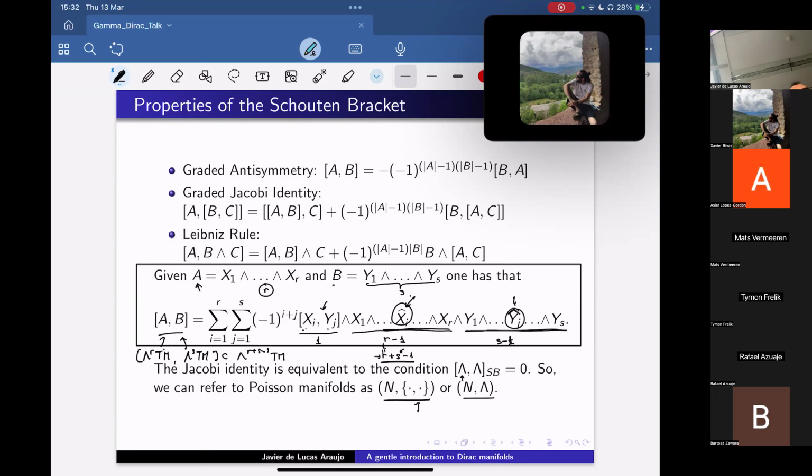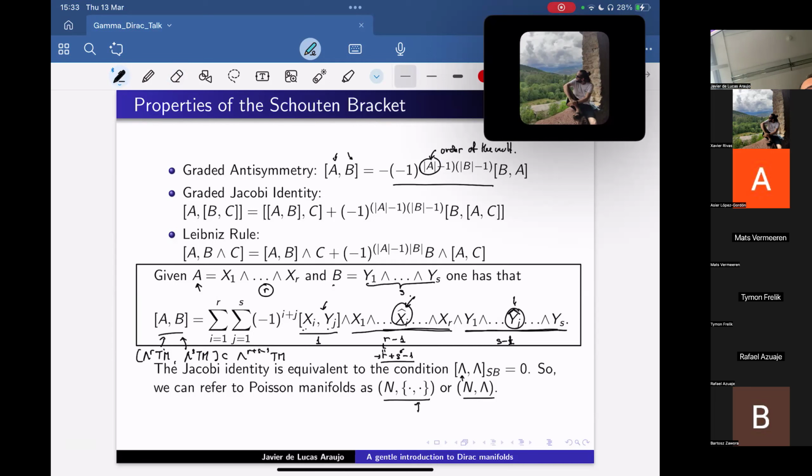This Schouten bracket has several properties. The first one is that it is not in general antisymmetric. It depends on the order of A and B, on whether this is a 1-vector, 2-vector, 0-vector, or whatever. This is called the degree of the multi-vector field: a vector field is 1, a bivector field is 2, and so on.